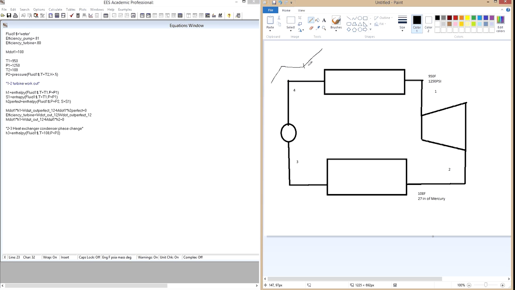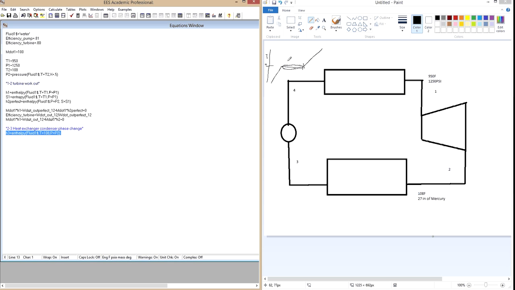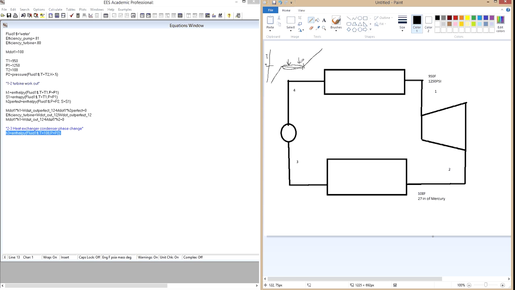This whole line is a constant pressure, and so the T is over here. But this is all the same T, and this happens to be 108 degrees at P equals P2. So what you're telling EES is that you're somewhere in this region. So if I hit run, it's not going to go. Oh, you can't do this because it can't know which part of this region you're at.